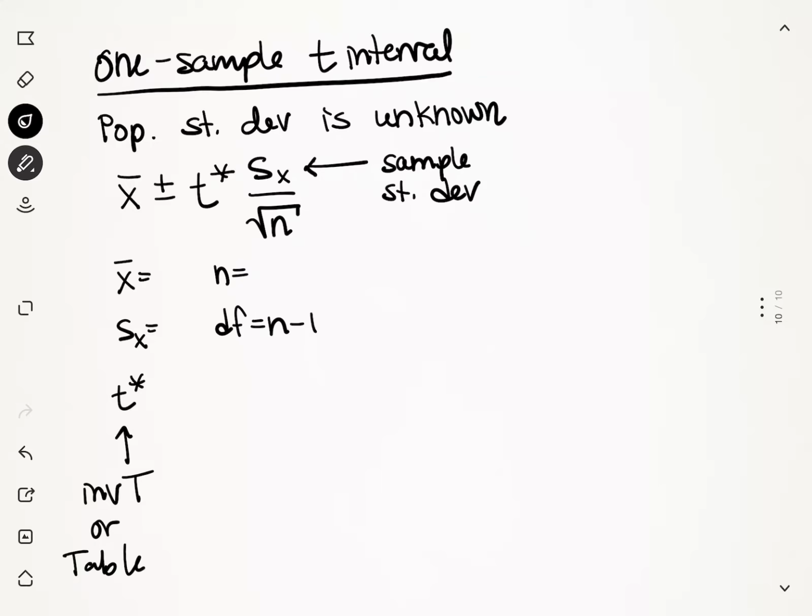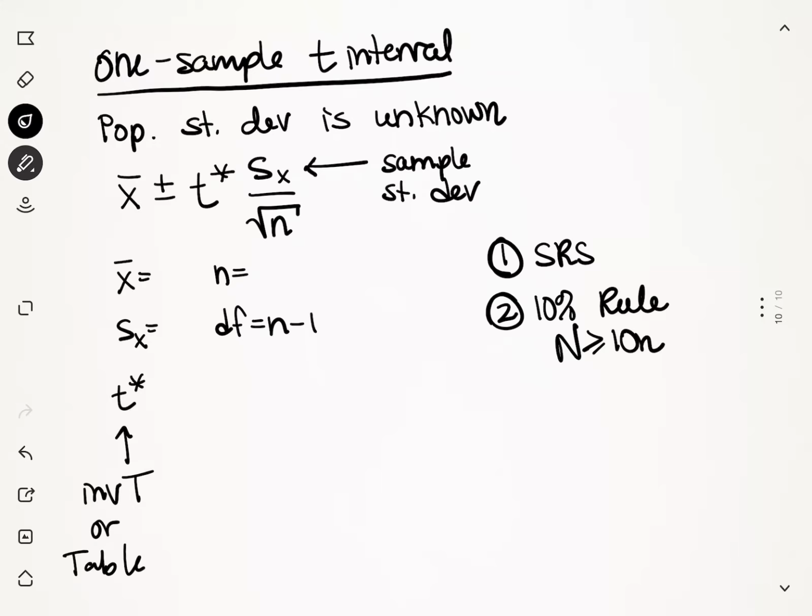Let's talk just quickly about the conditions. They are the same for a one sample z interval, so SRS, 10% rule, population is bigger than or equal to 10 times sample size. And then our third condition, normality, and that is n is greater than or equal to 30.